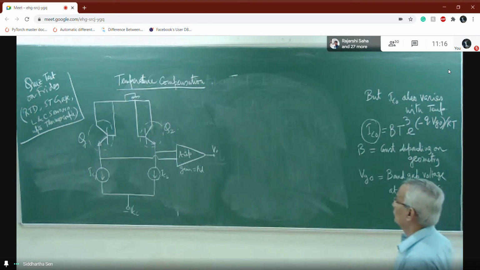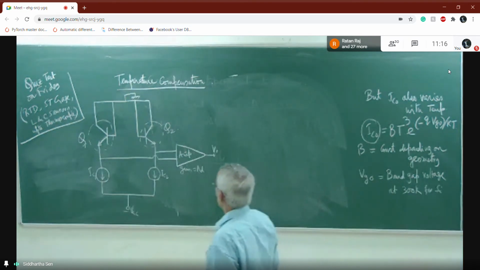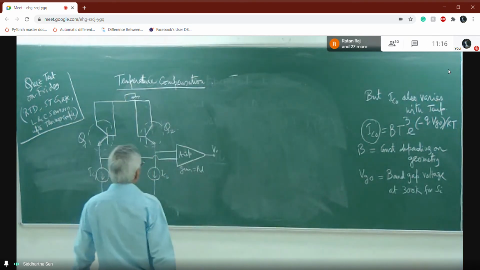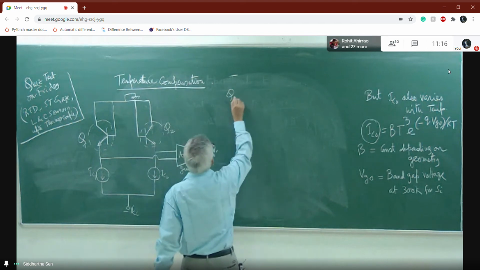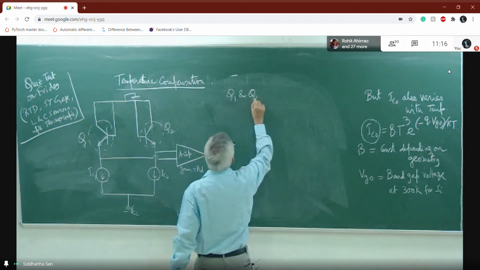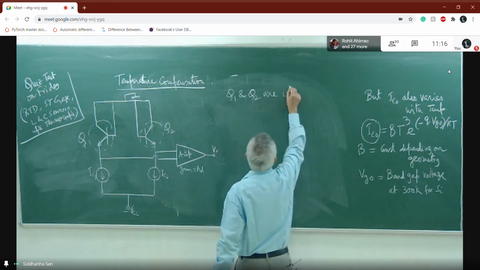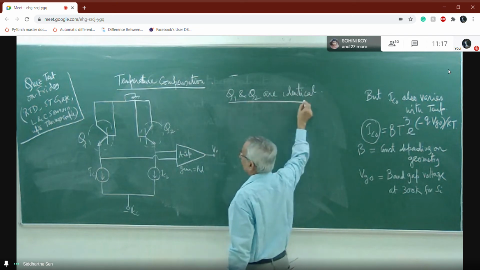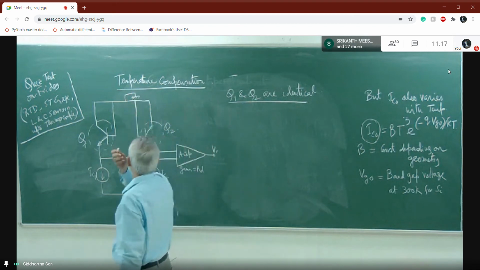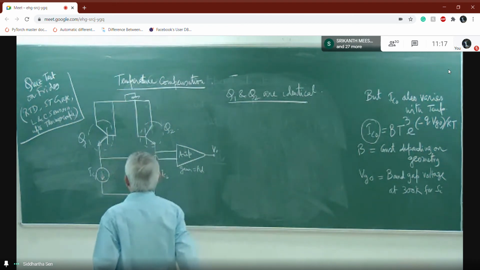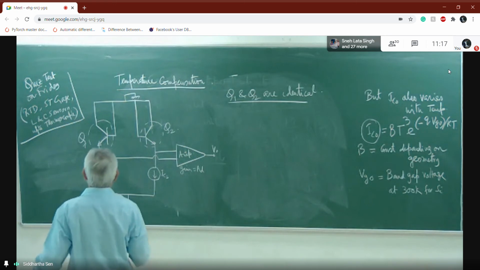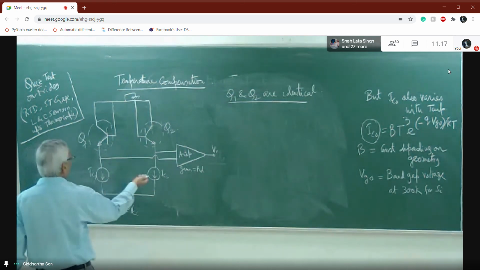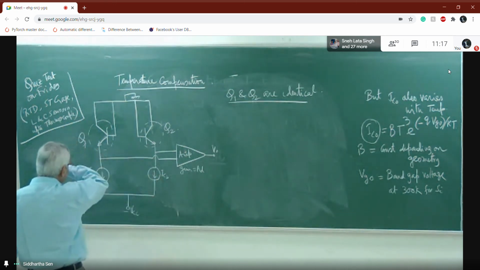We have two transistors, Q1 and Q2, and they are identical. The collector is grounded, and on the emitter side we have IC1 and IC2.